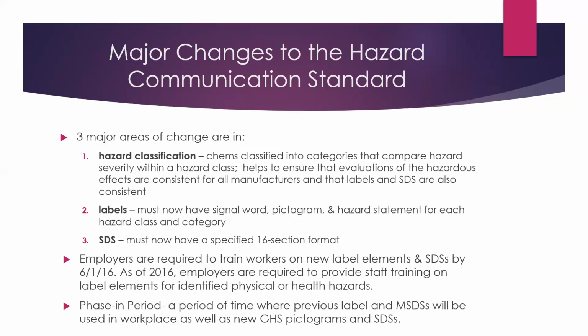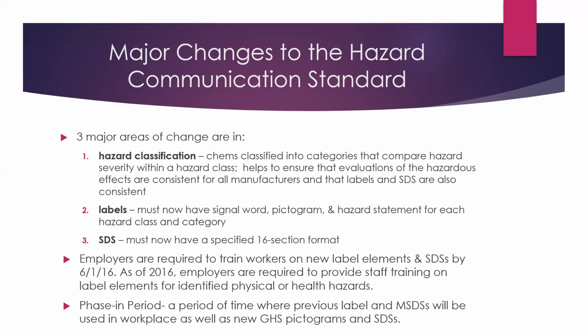Employers are required to train the workers on new label elements and SDSs by June 1st, 2016. So as of 2016, employers are now required to provide staff training on label elements for identified physical or health hazards.